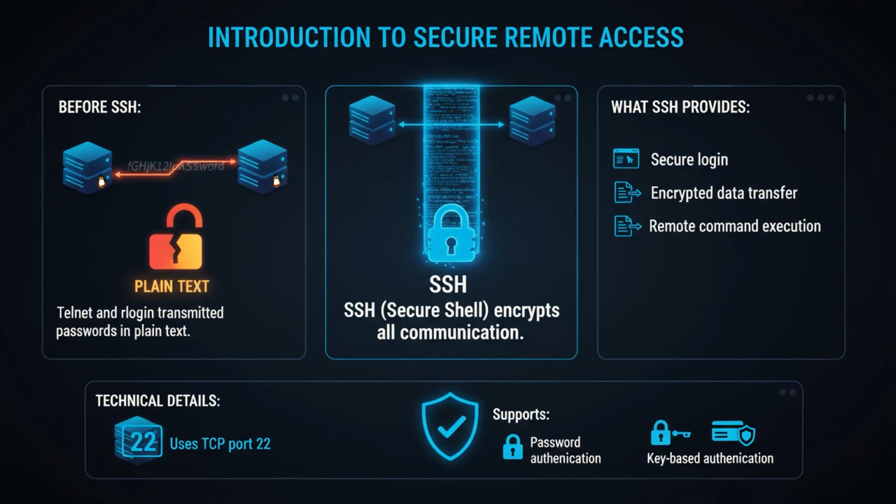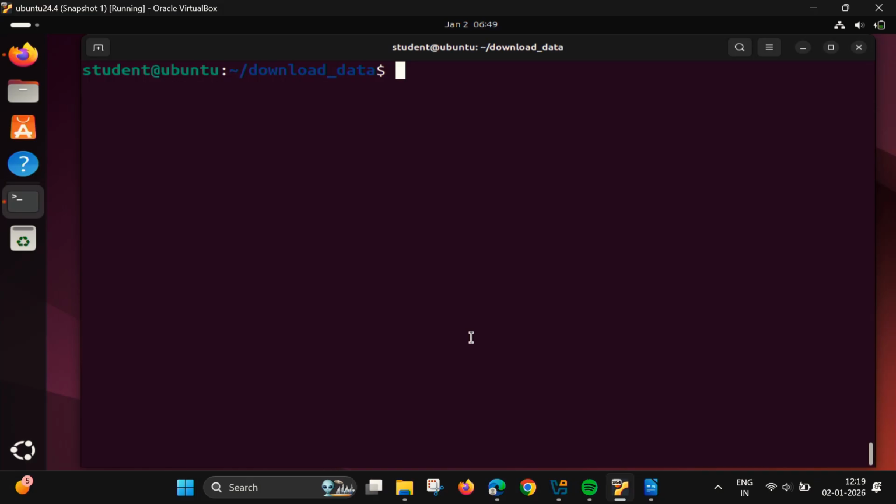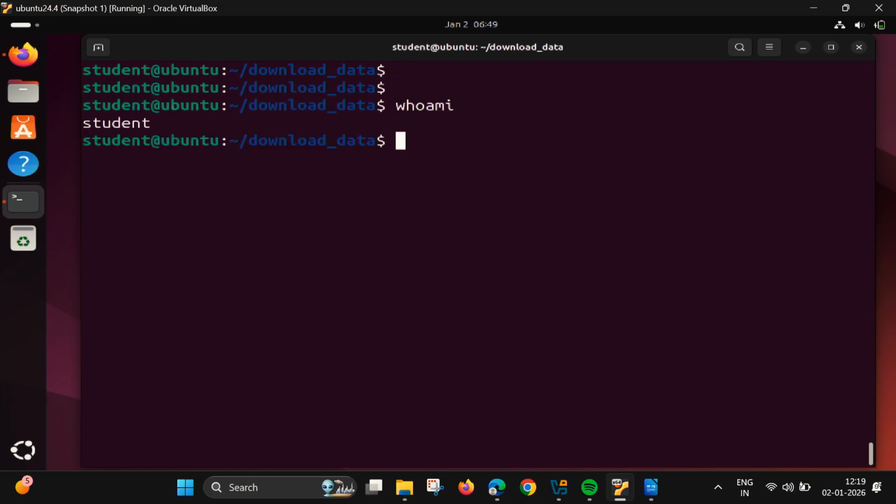So now we will learn how to use SSH for remote login. So here I am demonstrating the example. Now here I can check who am I. I am student and I want to connect to a remote machine.